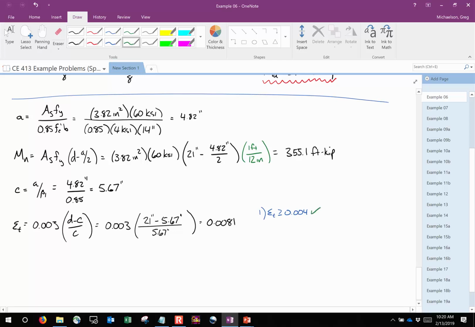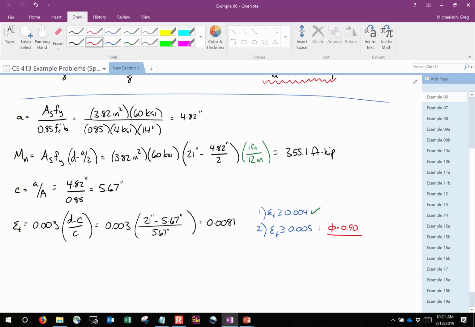And two, we know that epsilon t is greater than 0.005. So what does that tell us? We assumed that phi was 0.9, and that assumption has been validated for this beam. Everybody good?